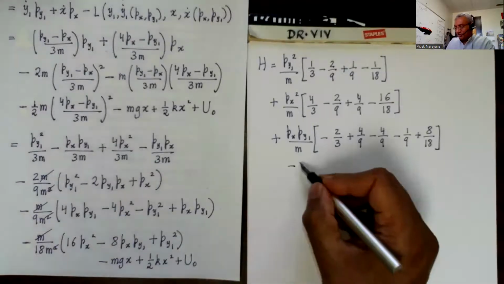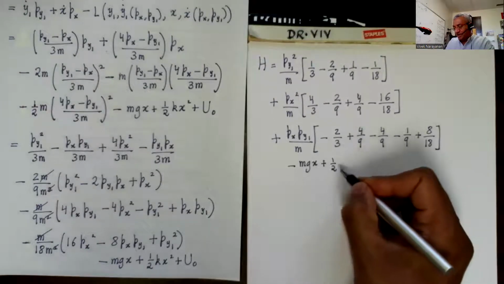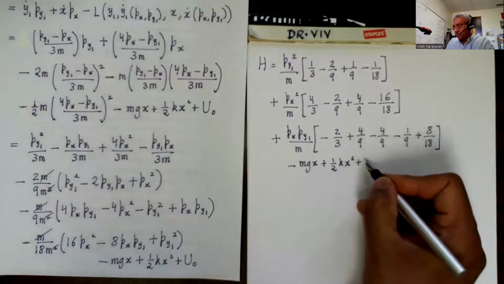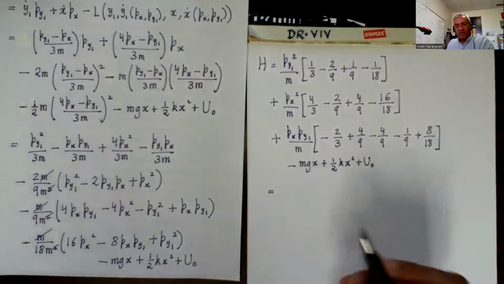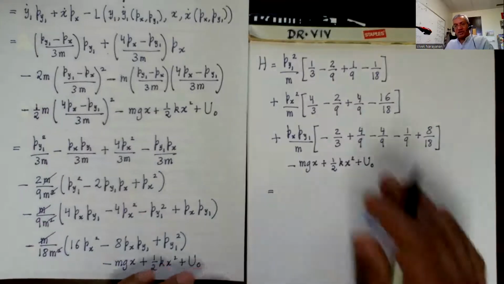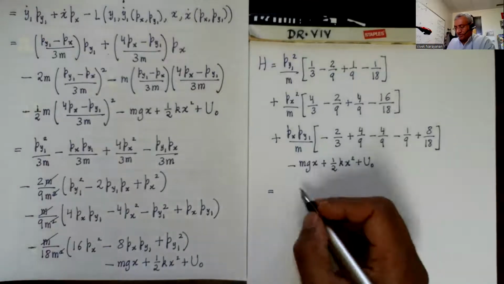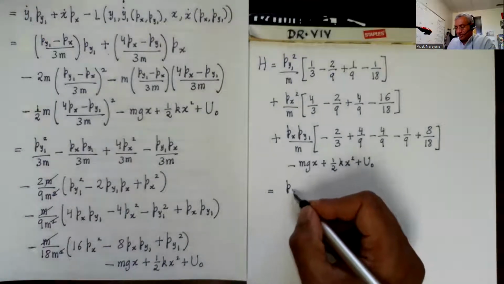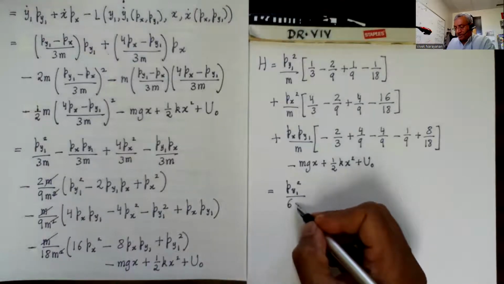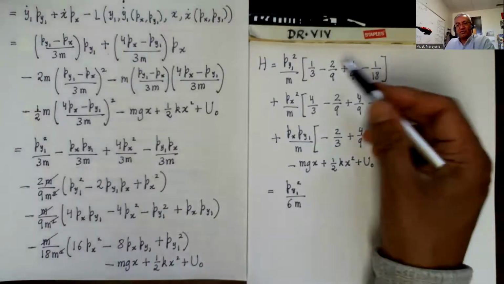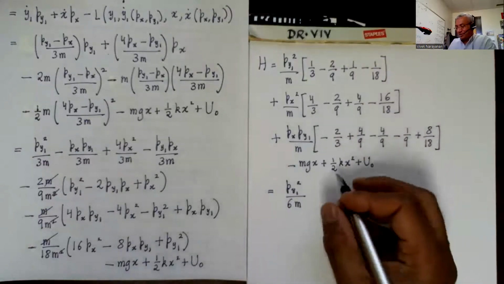And then potential energy terms, negative mgx plus 1/2 kx squared plus u0. Now, before I did the video, I put these things on Wolfram Alpha so I could do the fractions easily. And the answers are as follows. That is just 1/6. Okay, you're invited to check my work.